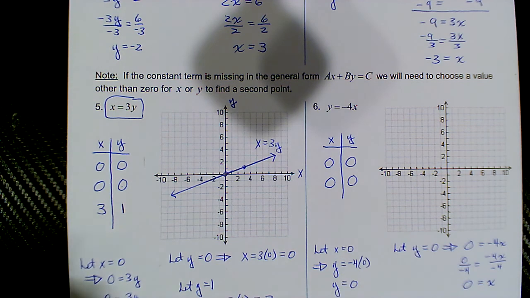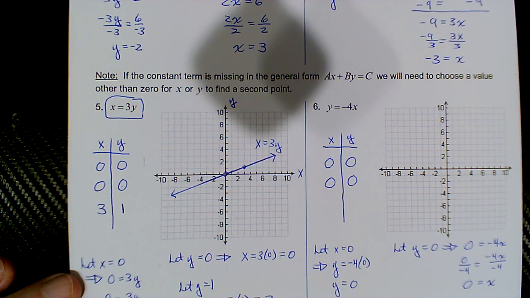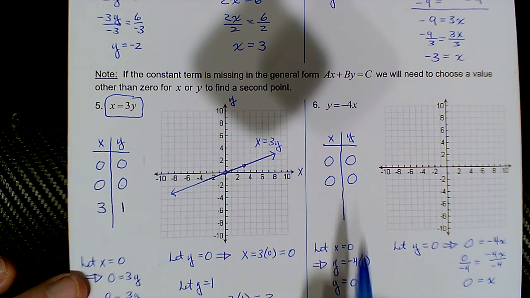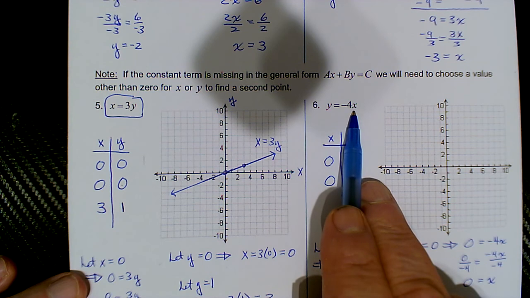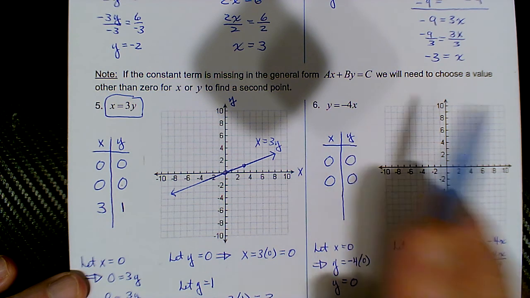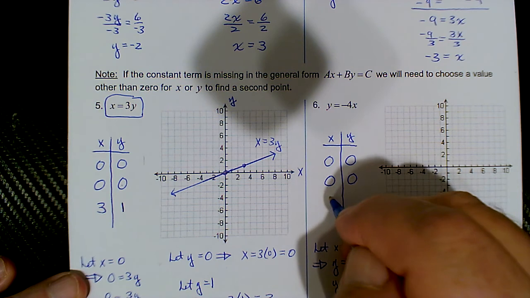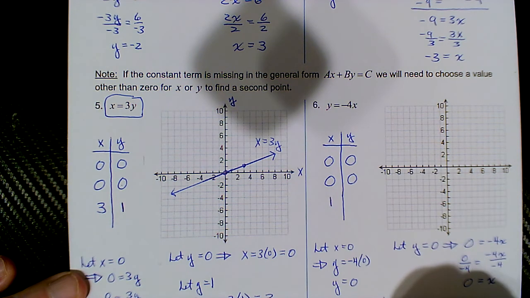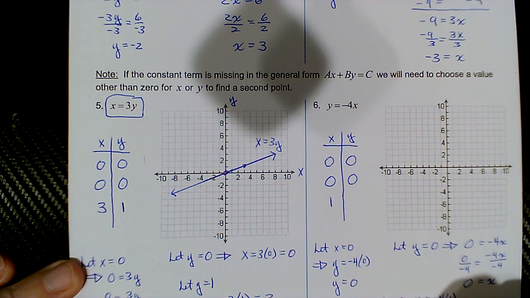And so we'll have to generate another ordered pair. And here, notice that y is given explicitly in terms of x. That is, y is a bunch of x stuff. So therefore, it would be advantageous to pick a value of x. And I'm just going to say 1. And then if I pick x to be 1, y is -4 times 1, or -4.